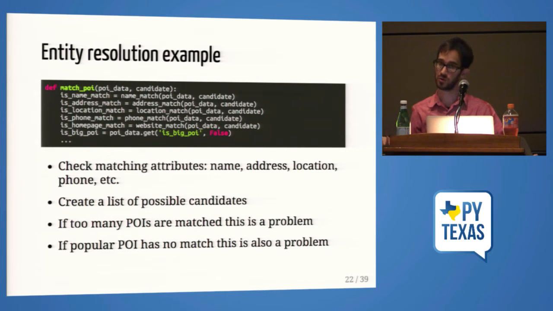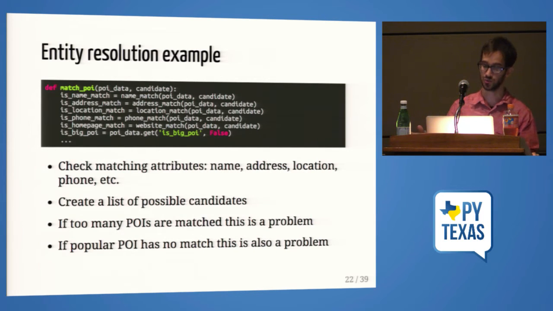If a popular POI, such as the Golden Gate Bridge, has no matching, and you look at Facebook and you can't find the Golden Gate Bridge, and you look in Foursquare and you can't find it, then it's probably also an indication that there is an issue.